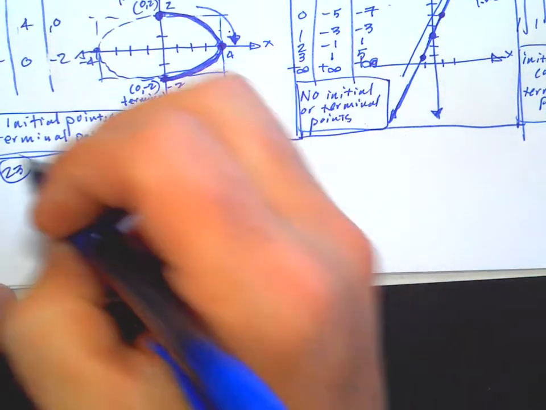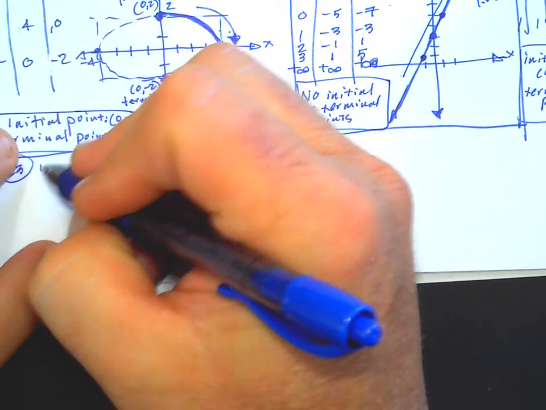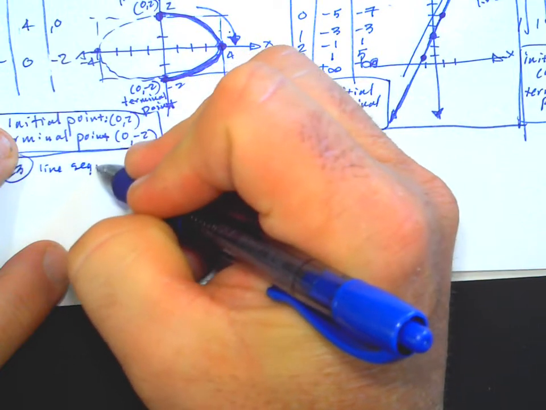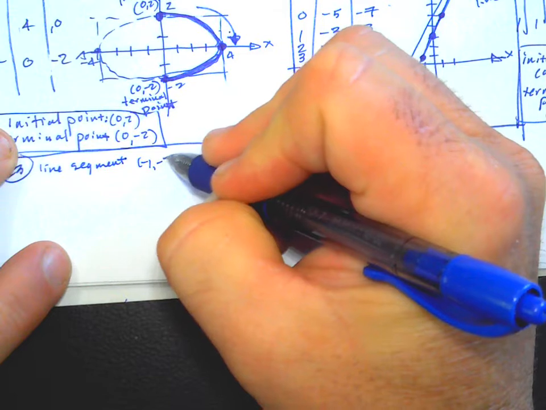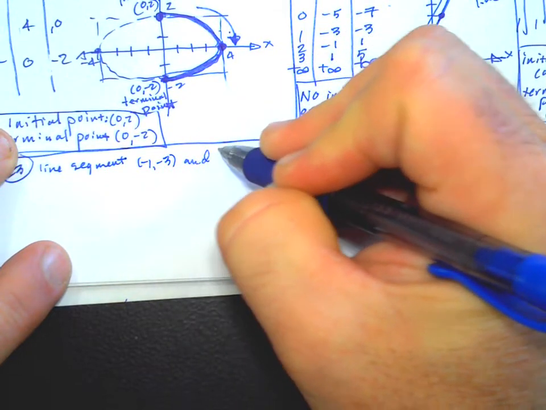So it says a line segment with endpoints from -1 to -3 and 4 to 1.